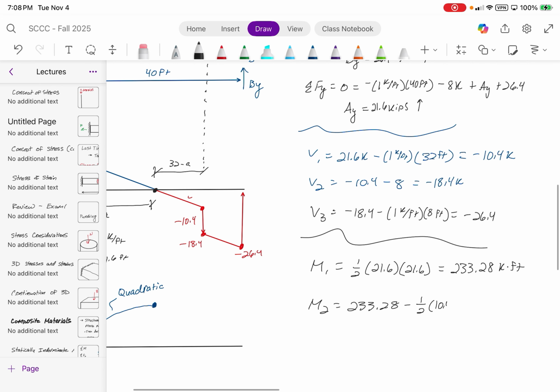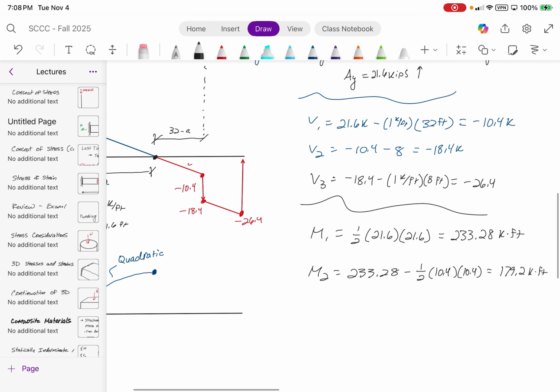So 10.4 kips times 10.4 feet, which gives us a bending moment of 179.2 kip feet. Which puts us down here. So that's 233.28 and then 179.2.